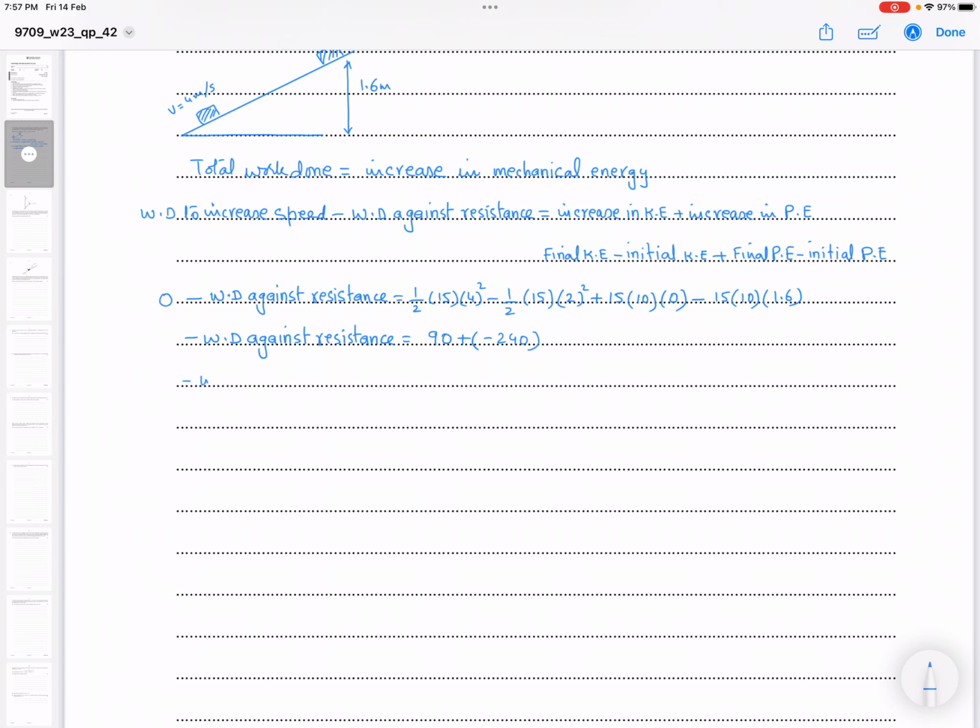So minus work done against resistance equals minus 150. So minus will cancel each other out, and your work done against resistance would be equal to 150 joules. This is your answer for this question.